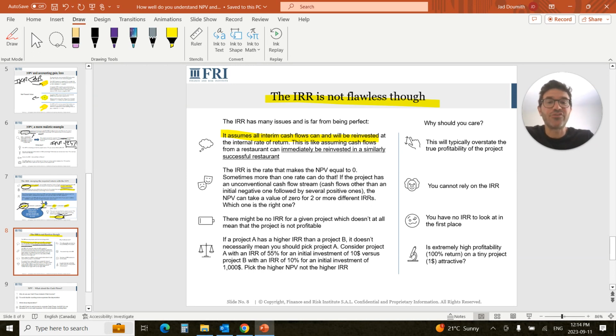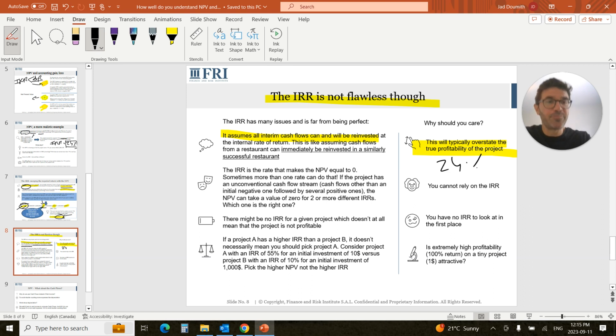which is not really realistic, because it's like assuming that if you have a restaurant, then any cash flow, anytime you have a client paying, right, every day, you immediately take that cash flow and you reinvest it in a new restaurant, which is not possible, in practice. So the IRR will typically overstate the profitability of the project.